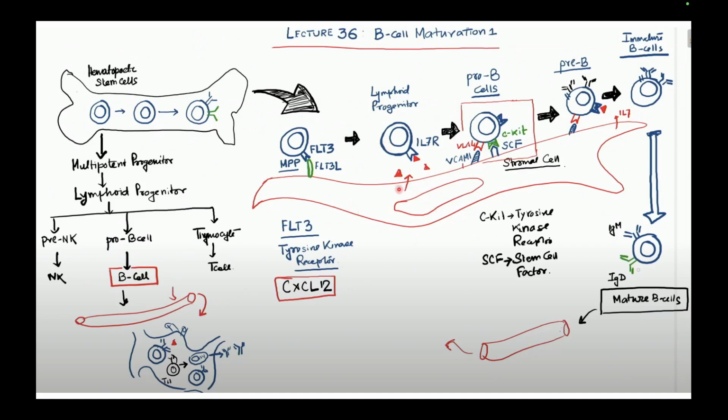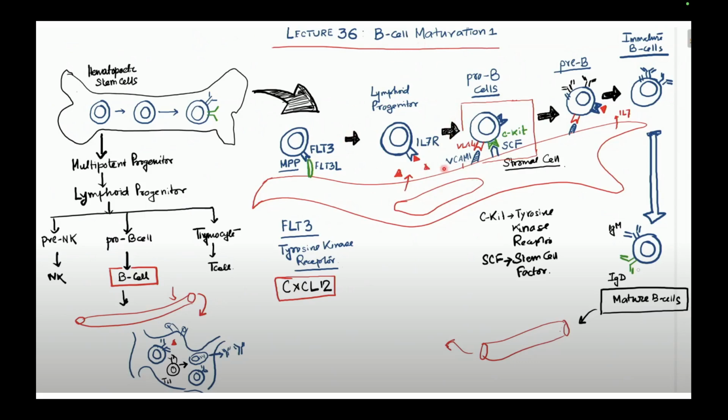It matures into the lymphoid progenitor cells, which start expressing the IL-7 receptor. IL-7 is secreted by the stromal cells and attaches to the IL-7 receptor present on the lymphoid progenitor cells.